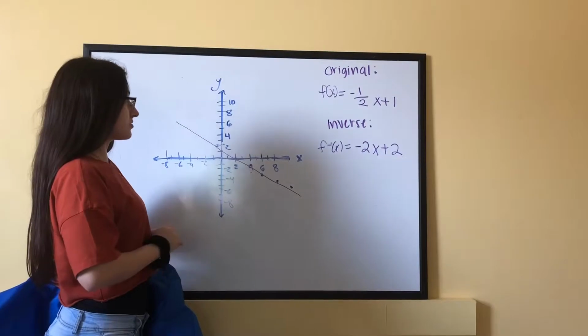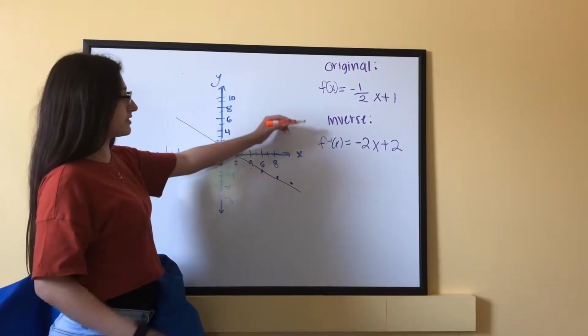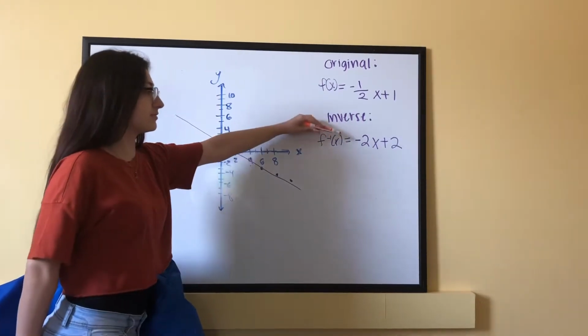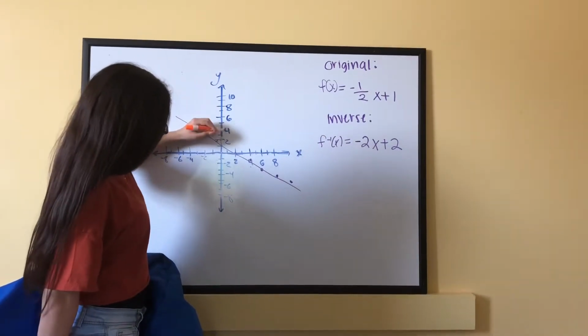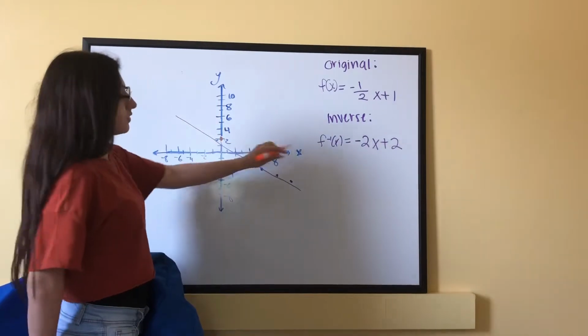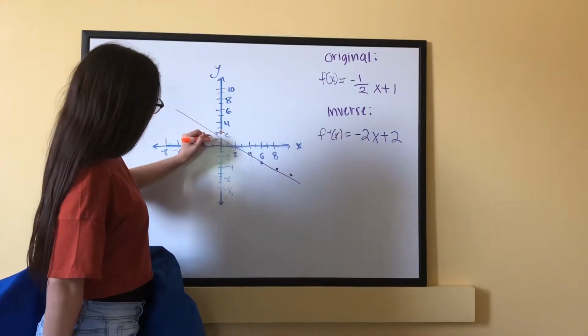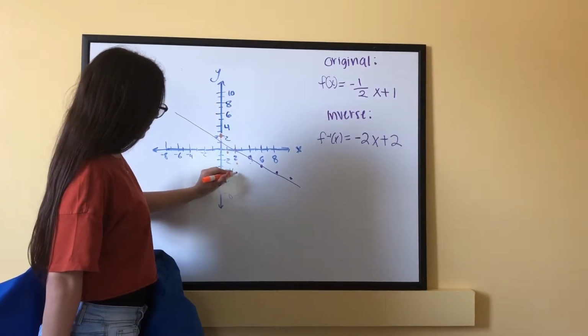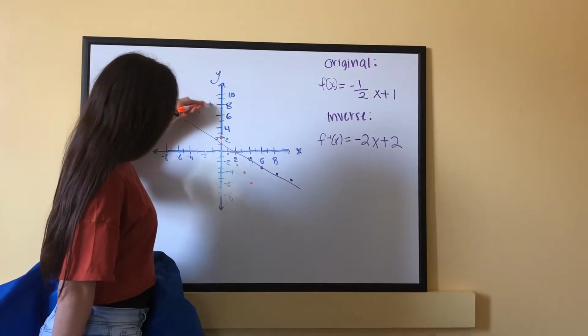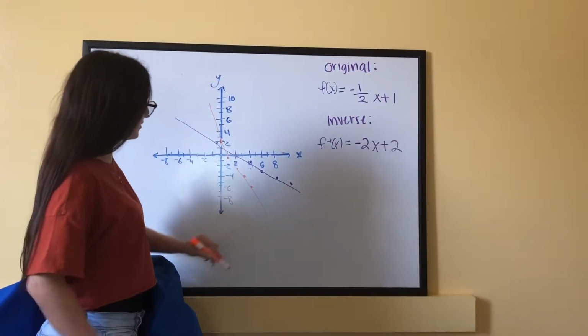So we graph the original function. Now we're going to graph the inverse of it, which is f of x equals negative 2x plus 2. So the y-intercept would be at 2, and the slope would be negative 2 over 1. So your graph should look something like this.